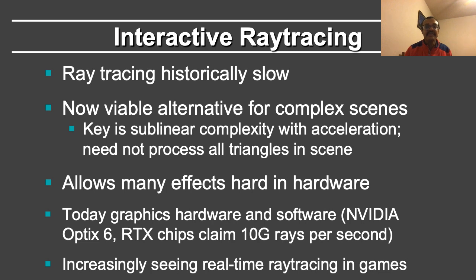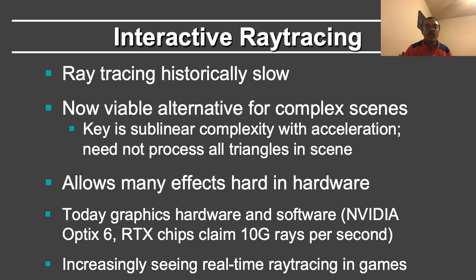The key idea there is because you have a ray tracing acceleration structure, the complexity is sublinear with the number of triangles. You do not need to process all the triangles in the scene, which you would need to do if you were running a rasterizer or OpenGL method.